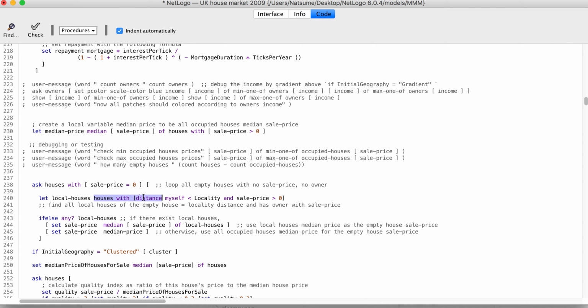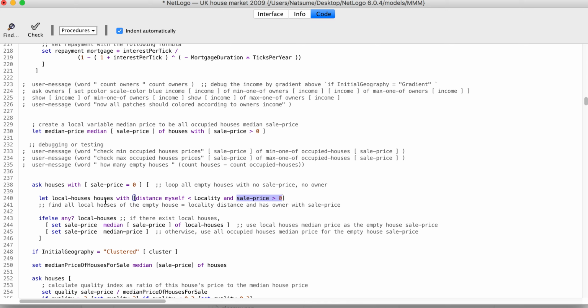The distance to this empty house is within a certain range, a certain distance. So this means if there are houses whose distance to the empty house is within this distance, then we can consider them local. But those local houses have to have a sale price. So the sale price has to be greater than 0.